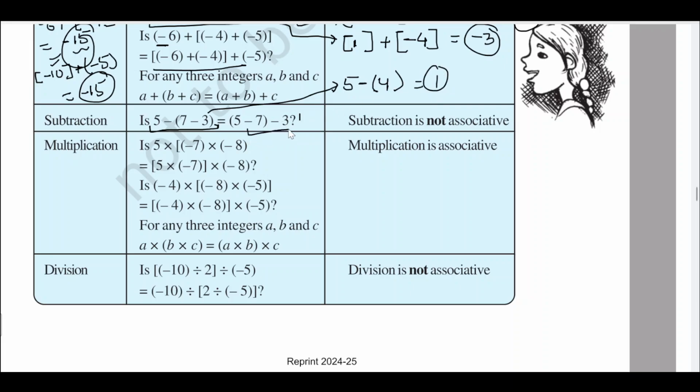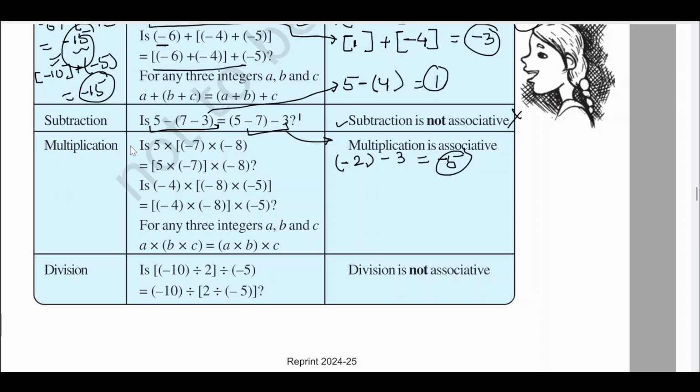Now we will solve for this one. 5 minus 7 is minus 2, minus 3. It is going to be minus 5. So LHS is not going to be equal to RHS. So in this case, subtraction is not associative for integers.